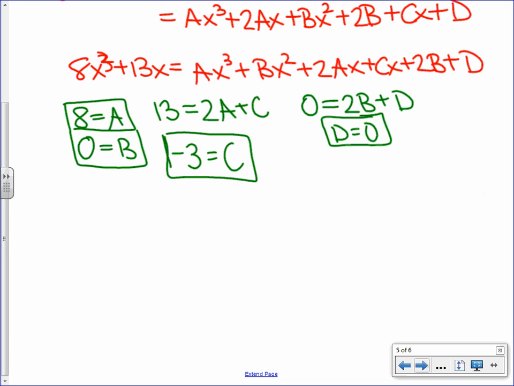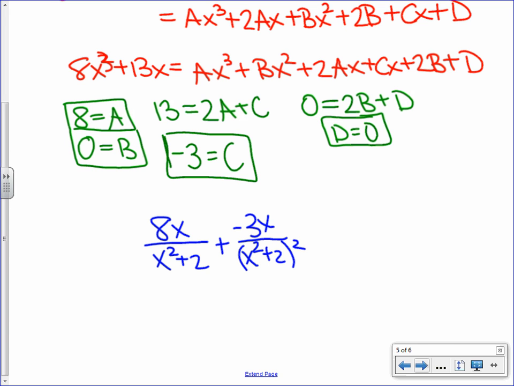Okay, so our partial fraction decomposition, ax plus b over, what was it, x squared plus 2? Plus cx plus d. Okay, and so since it's plus a negative 3x, we can just say minus 3x.